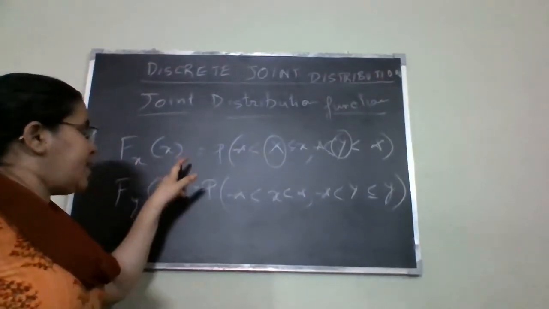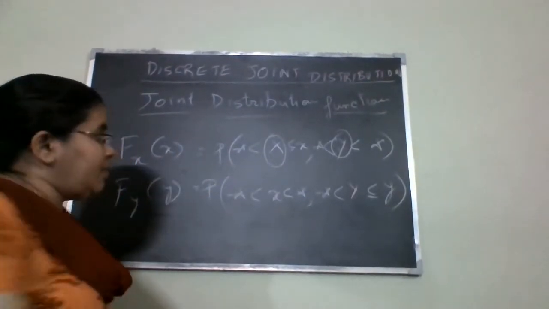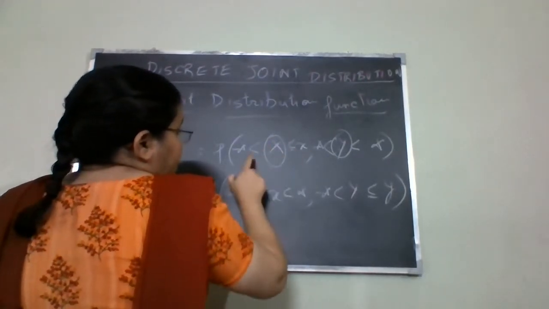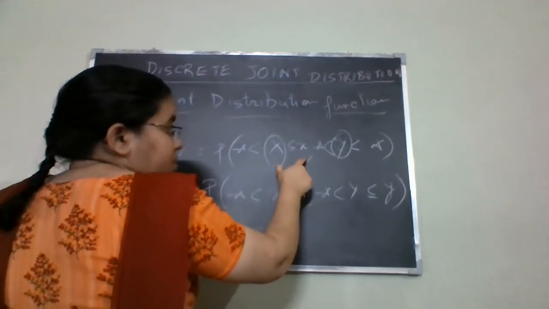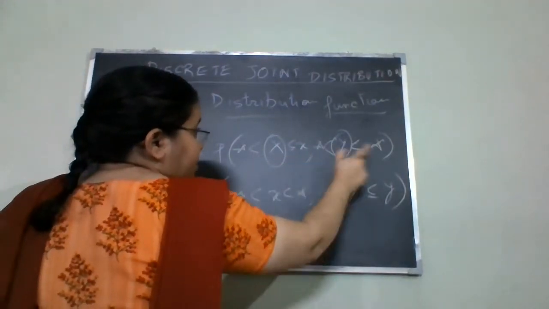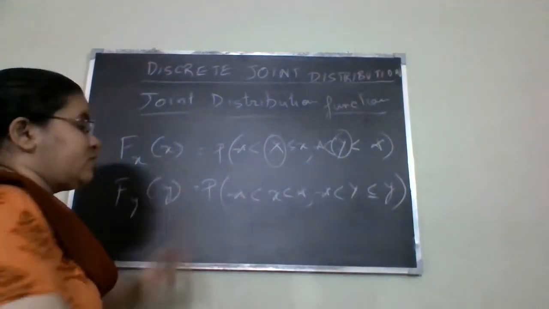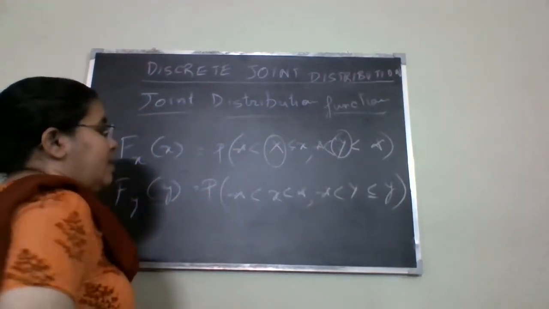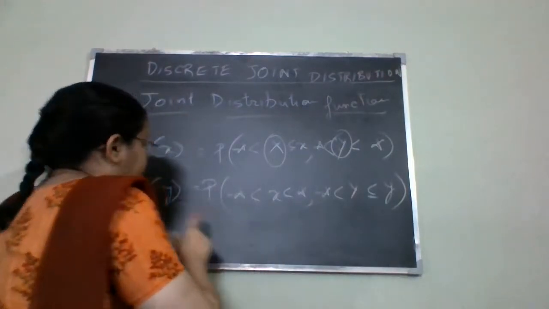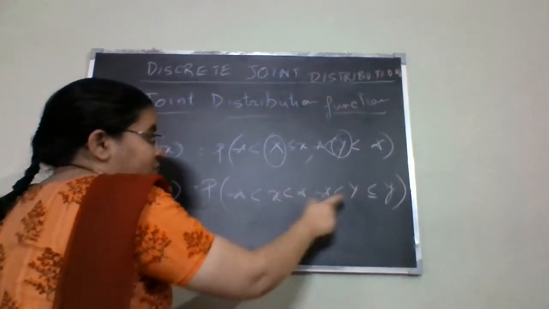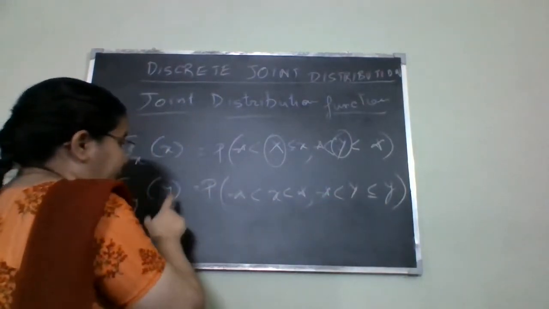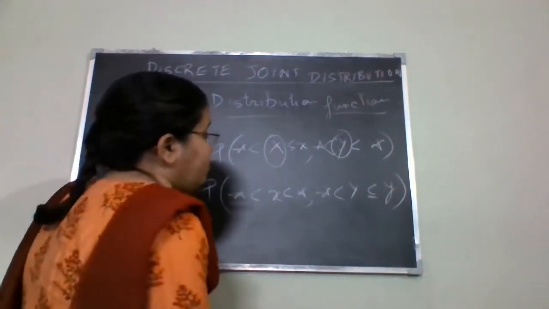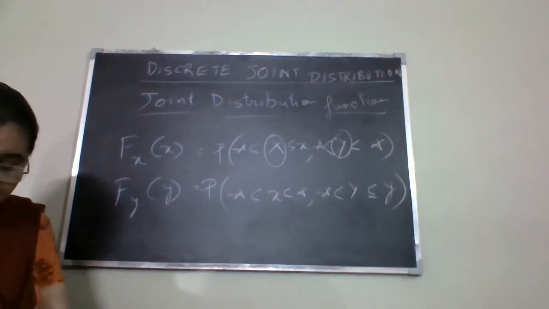If it is F_X(x), then you have to memorize it like this, that the value of X will be from minus infinity to x, and Y will be from minus infinity to plus infinity because this is F_X(x). And F_Y(y), this Y will be from minus infinity to y, but X, there are no terms of X, so X will be minus infinity to plus infinity. You have to remember this thing like that.